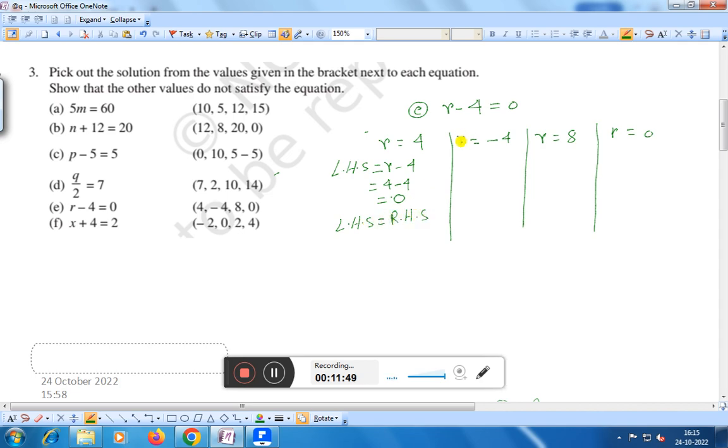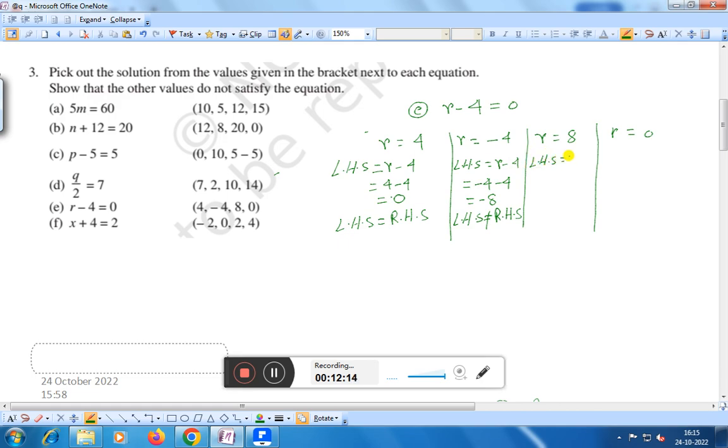That means this is the solution of the equation. Here also we will find not equal. The left hand side is equal to r minus 4, and if you write minus 4, it will be minus 8. Therefore left hand side is not equal to right hand side.